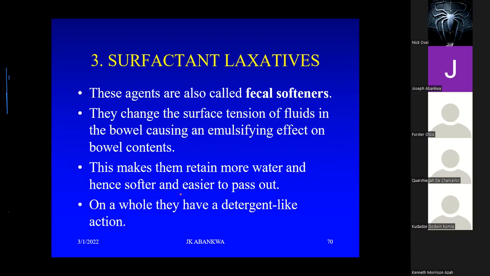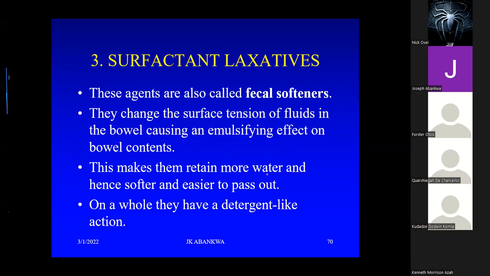Now let's move on to the surfactant laxatives. These agents are also called fecal softeners. They act on surface tension. Always remember, they change the surface tension of fluids in the bowel, causing an emulsifying effect in the bowel contents.